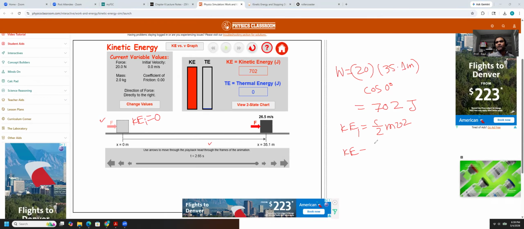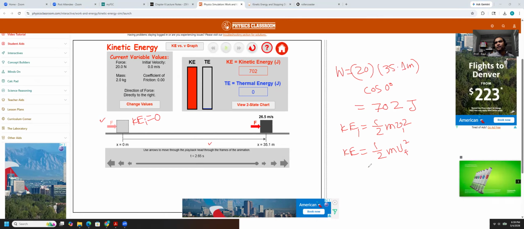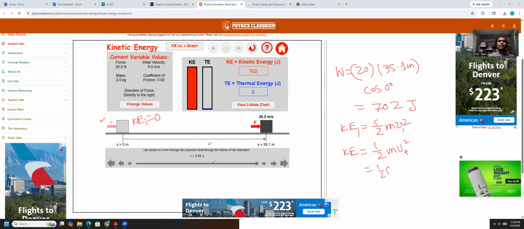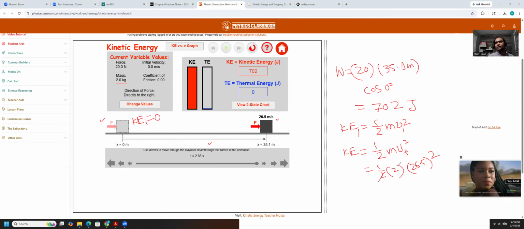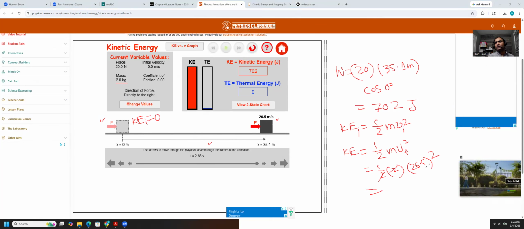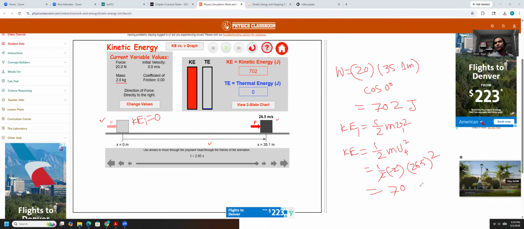Final kinetic energy is half m v final squared. Half m is what? M is 2 kilograms, and we have v final, 26.5 squared. So these two cancel out, and half times 2 times 26.5 squared is actually equal to 702 joules.